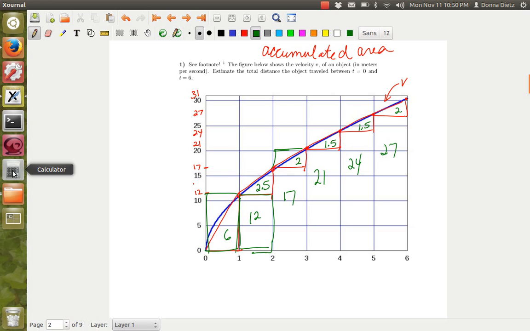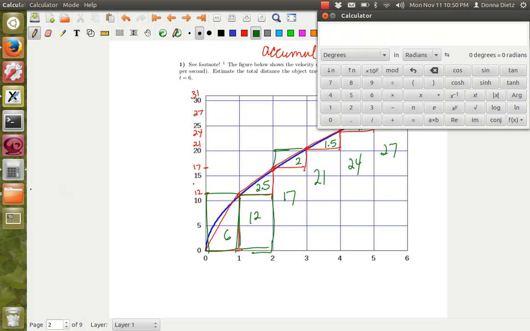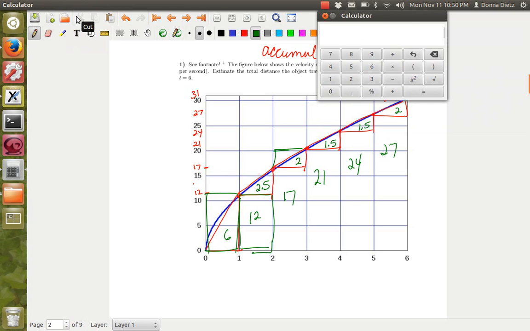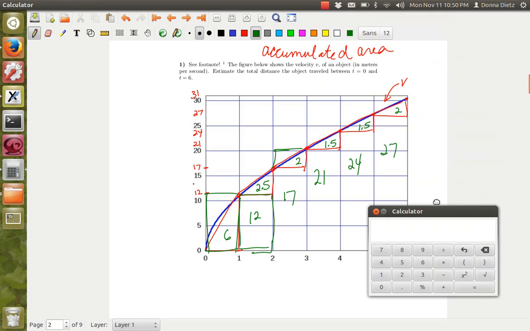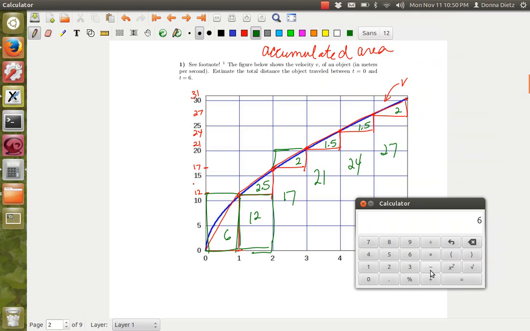We're just going to pull out the little calculator here, and let's do a basic calculator. This is really simple arithmetic here. Then we're going to go 6 plus 12 plus 17, whoops, there's 17, plus 21, plus 24, plus 27.